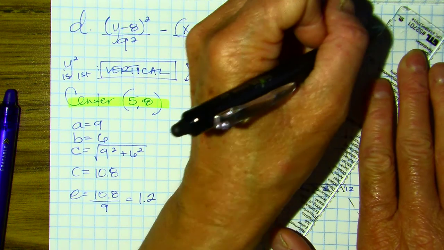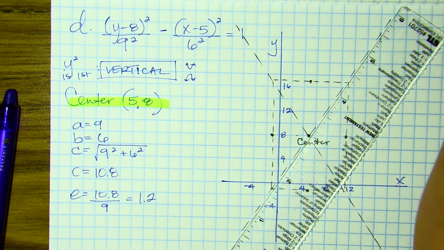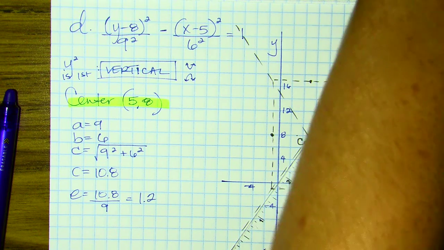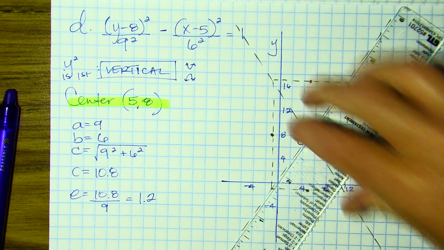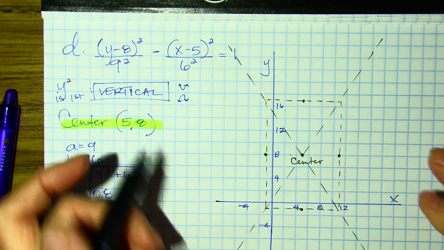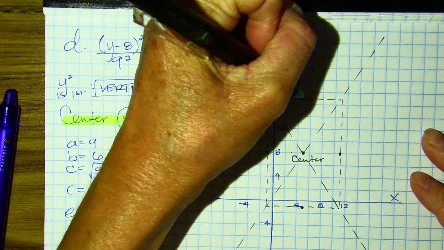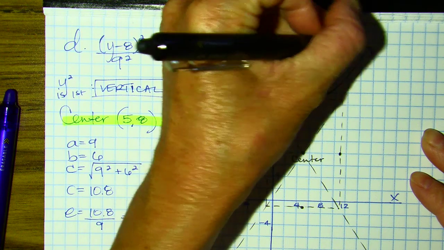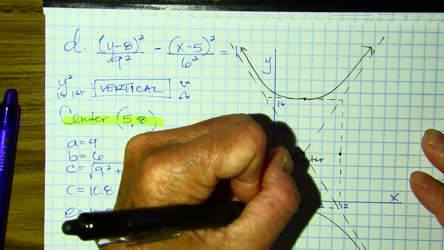Let me unfreeze my computer screen because I believe it times out after 20 minutes. Okay, so here's my graph. Now again, this is vertical, so my hyperbolic curves should be in the top and bottom.